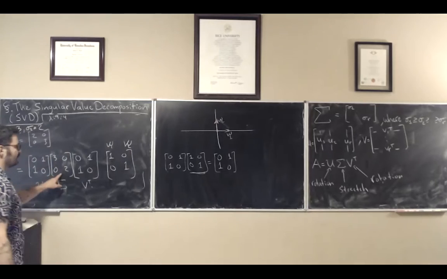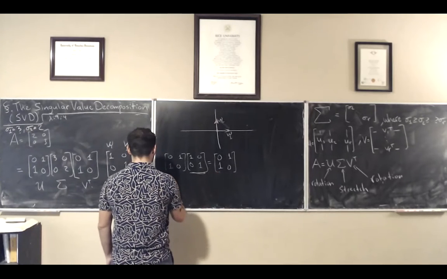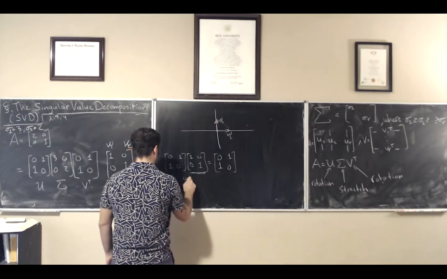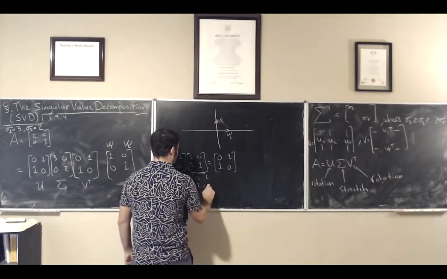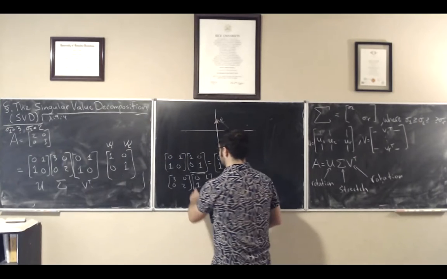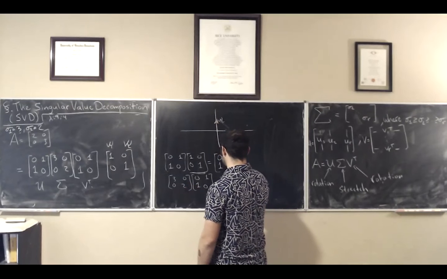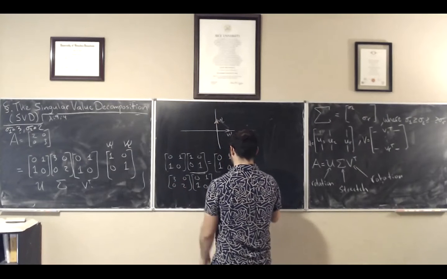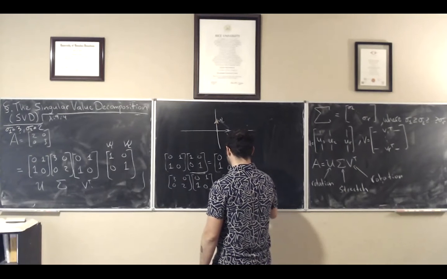Okay, so now let's multiply by sigma. This is the output. So sigma is 3, 0, 0, 2, times 0, 1, 1, 0. Right? So it's 0 of this column plus 1 of this column, so 0, 2. 1 of that column plus 0 of this column, so 3, 0.